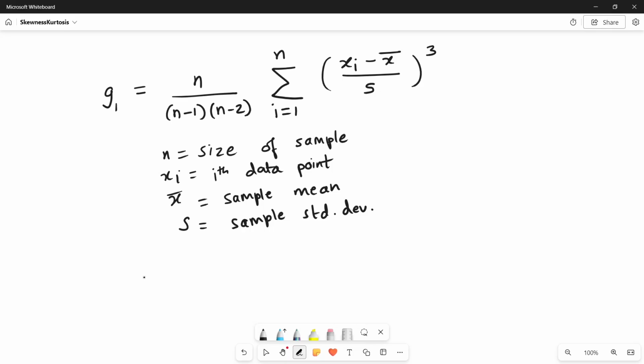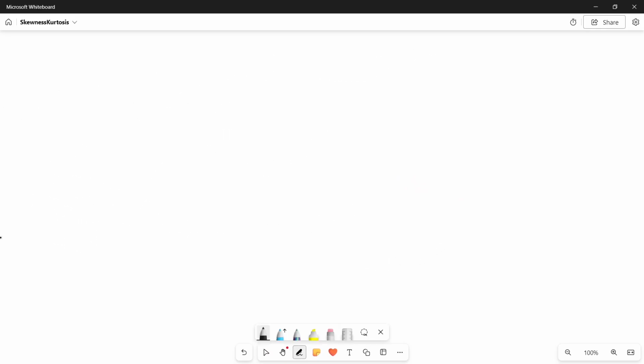Let's take a smaller example. Let's say we want to test something for all the students studying in our institute, and let's say n is equal to 1000. So we'll just see a concept over here. We have n upon (n minus 1) into (n minus 2).